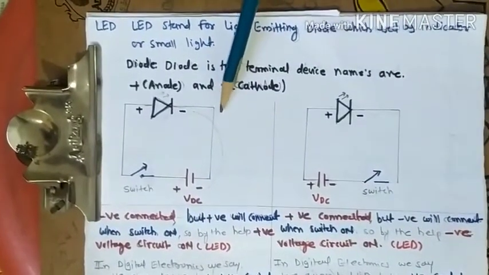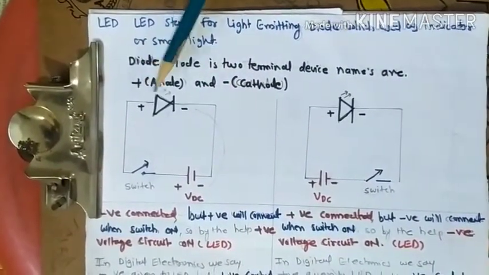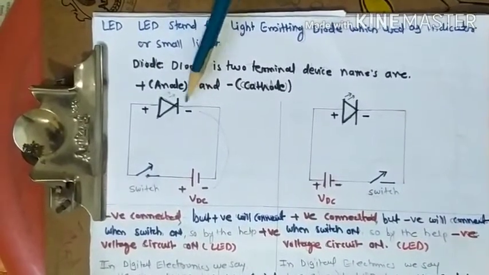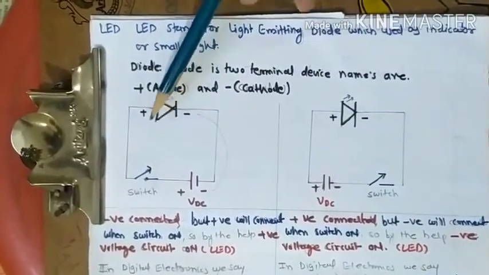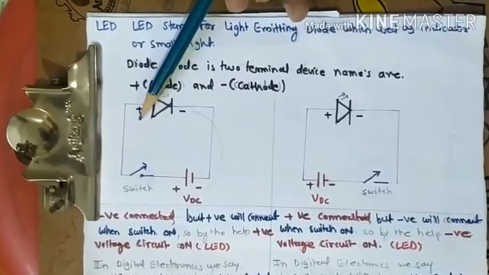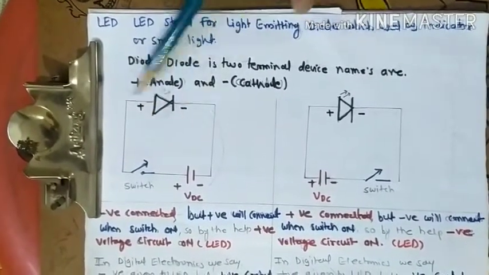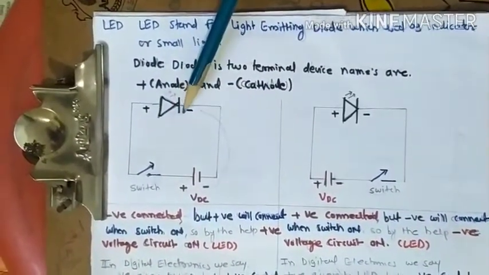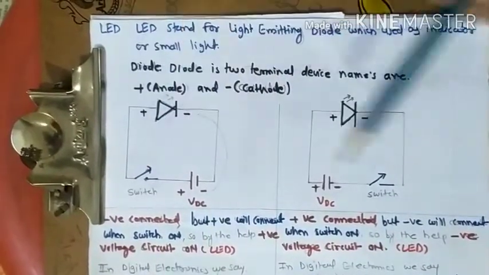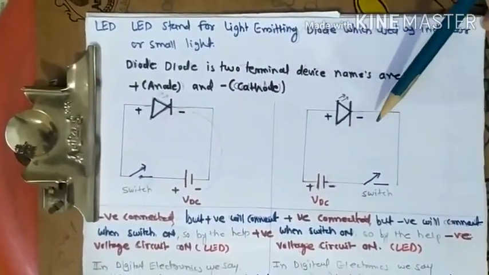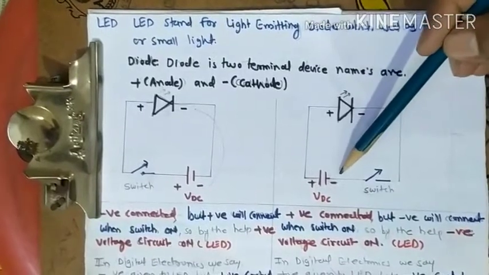In this circuit, by default we give negative supply to the LED and the circuit waits for positive. This circuit waits for positive supply by the help of the switch, and this circuit waits for negative supply by the help of this switch.